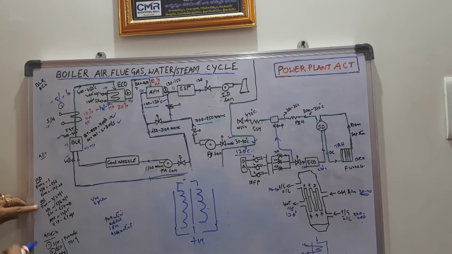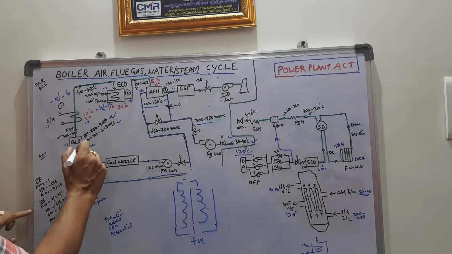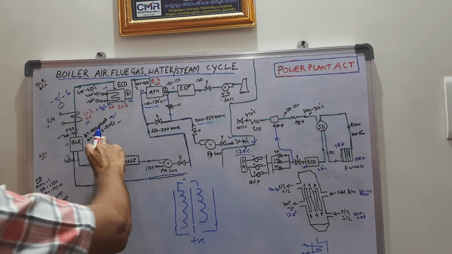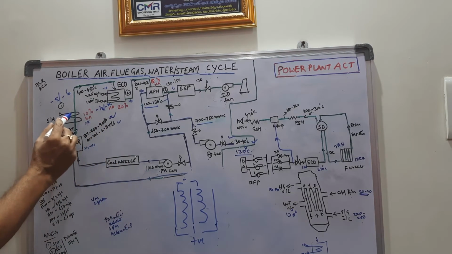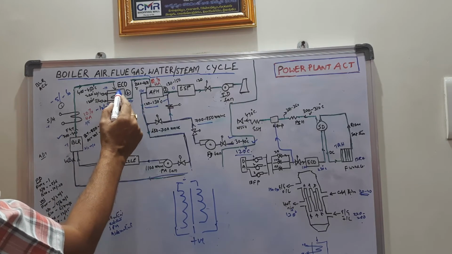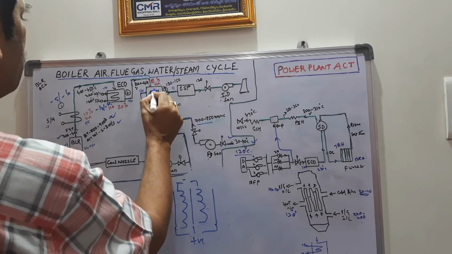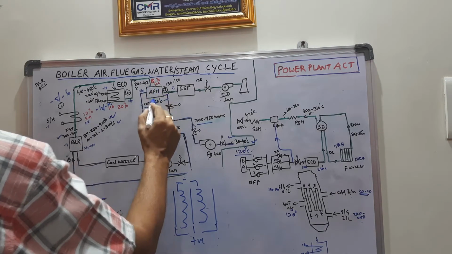The velocity of flue gas in the furnace of the boiler is around 2 to 3 meters per second. At the superheater, the velocity is around 5 to 6 meters per second. At the economizer, the velocity is around 6 to 7. At the air preheater, the velocity of flue gas is around 13 to 15.